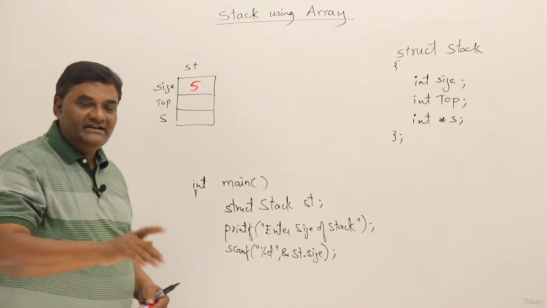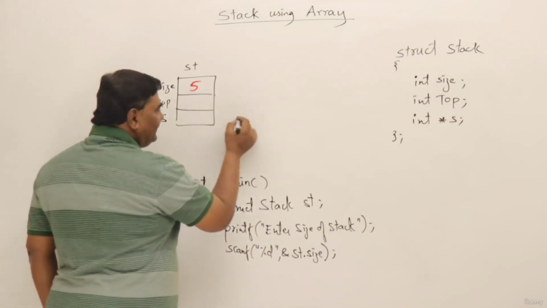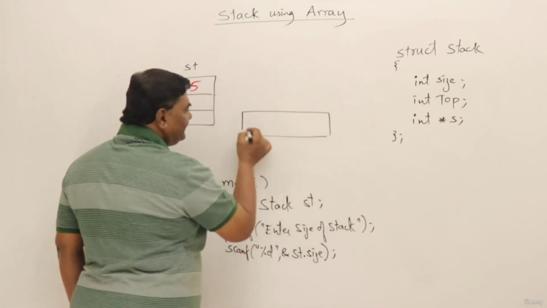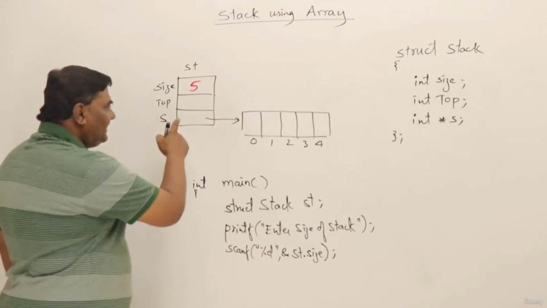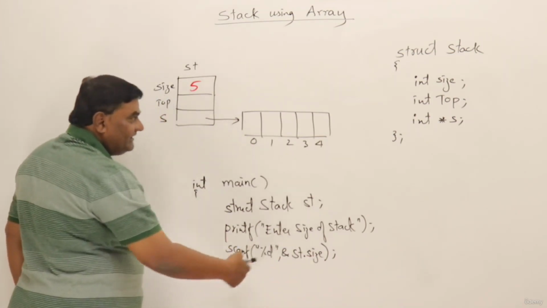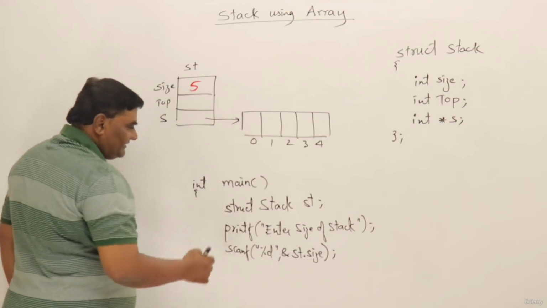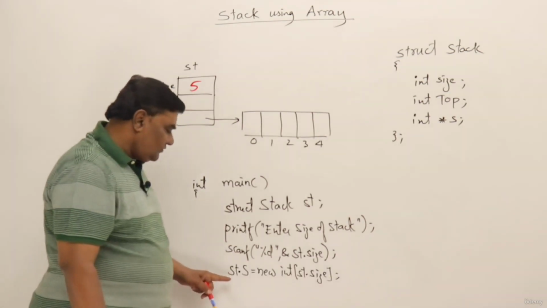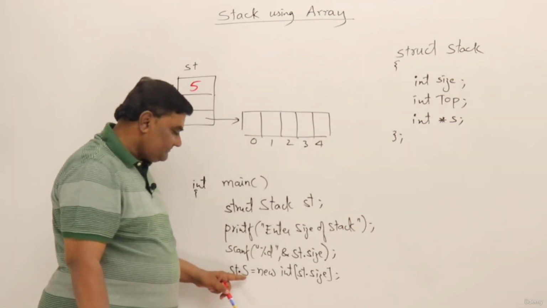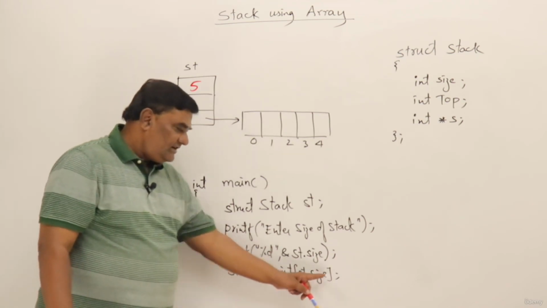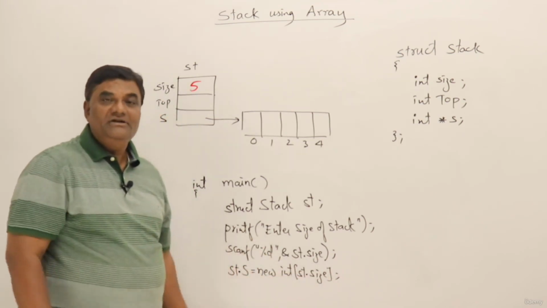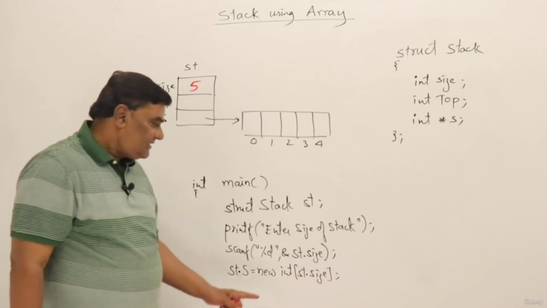Now when we know the size, I should create an array of size 5 for storing the elements. Already I have a pointer, so let us create an array here and assign it to this pointer. So here is the code: st.s. First let us read this: new int array. So create a new array from the heap, new means heap.